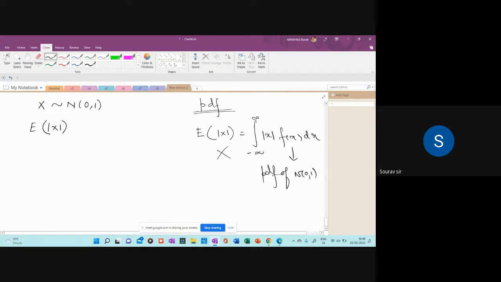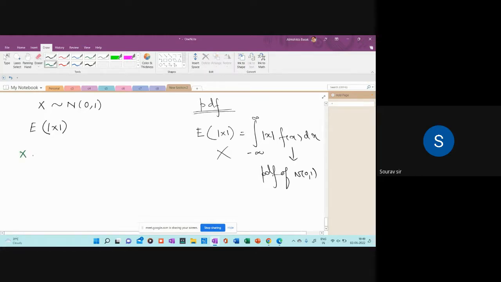What you can do over here is apply a very small trick. We know a result for the mean deviation about the mean.